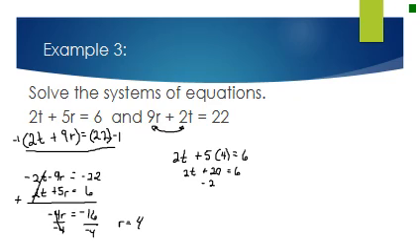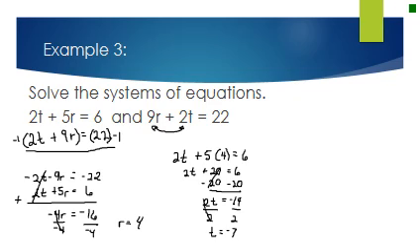Subtract 20 on both sides. 2t equals -14. Divide by 2, and t equals -7.